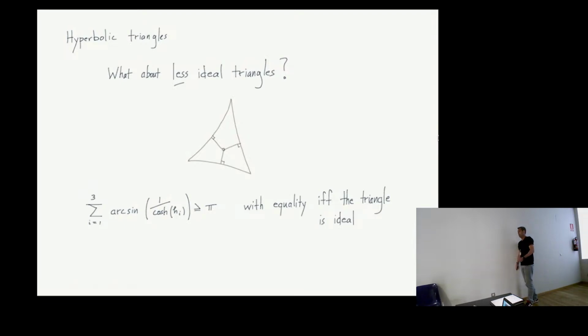You get equality, it's constant, if and only if the triangle is equilateral. Here you get equality if and only if the triangle is ideal. So it's a characterization of ideal triangles among all triangles. And so, because it's the only one for which it's equal, now we know why it's really ideal.